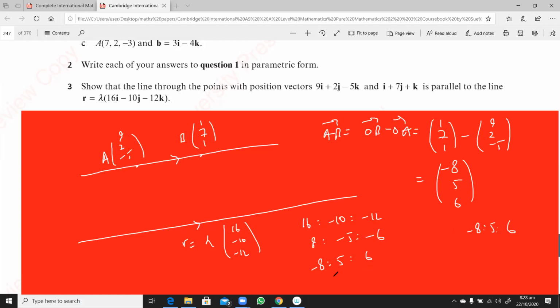So you see the same direction ratios, or the same direction vectors if you like, just take a -2 common from here. That is how you can prove that these two lines are parallel to each other.